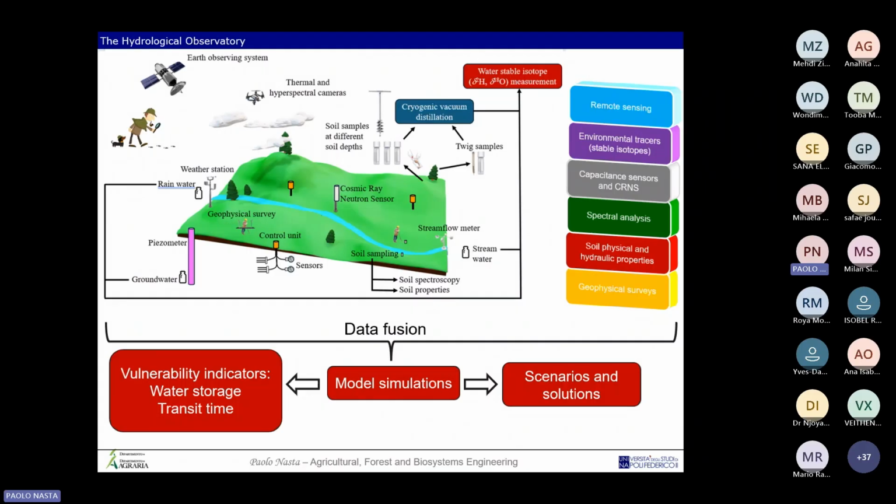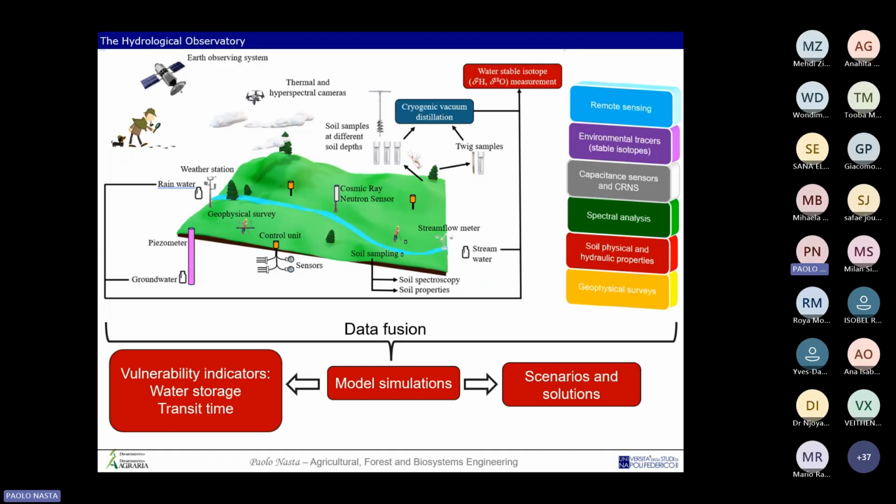So all these activities in the observatory must be integrated. So we have remote sensing, hyperspectral measurements by using drones or portable devices, or even on dry soil samples. We use sensors installed into the soil over sparse positions.